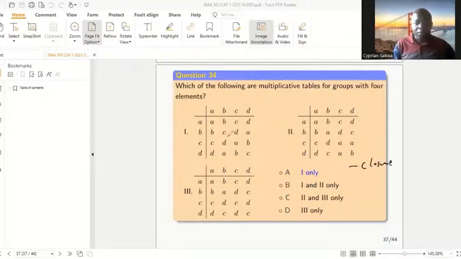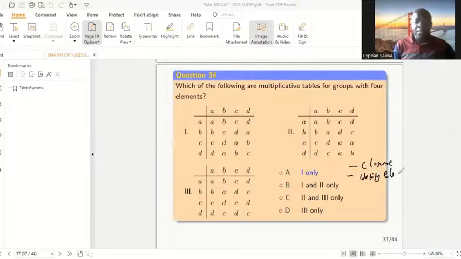Of course, there's closure for each of them, because I have elements A, B, C, D, and every time you multiply you get A, B, C, or D. No foreign element is coming up. Associativity is checked, so we just want to check if the group has an identity.